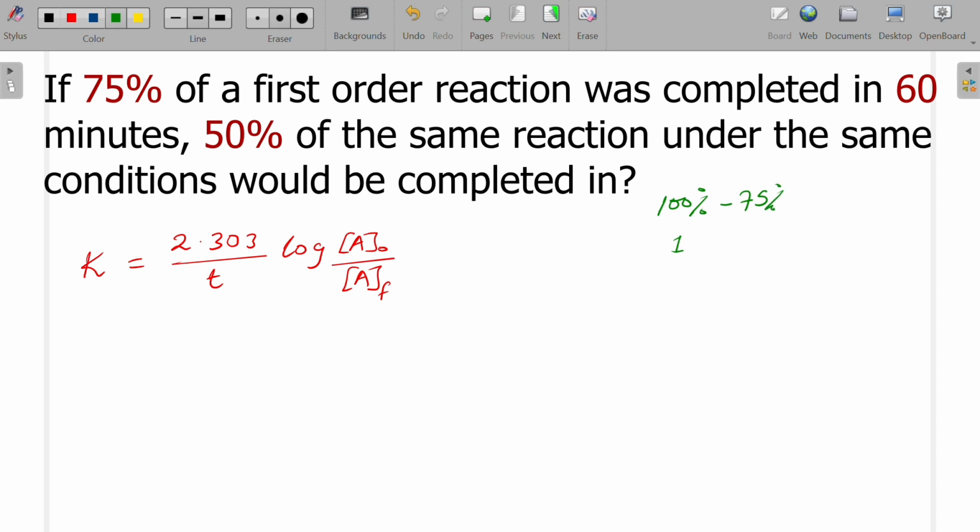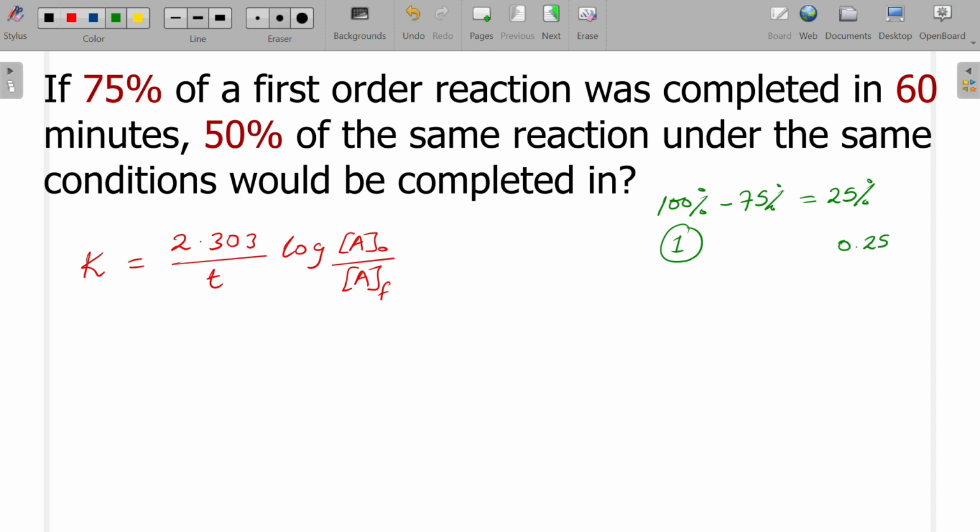So we'll say the initial amount, which is 100% minus 75%, which is used. And when you do that, what we are getting is 25%. We said 100% is 1 in standard form. The 25% in standard form, you divide by 100, and what you get here is 0.25.